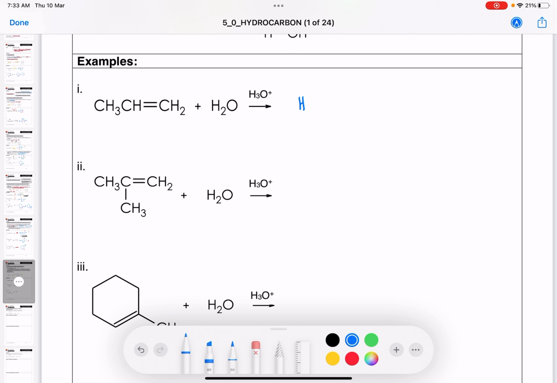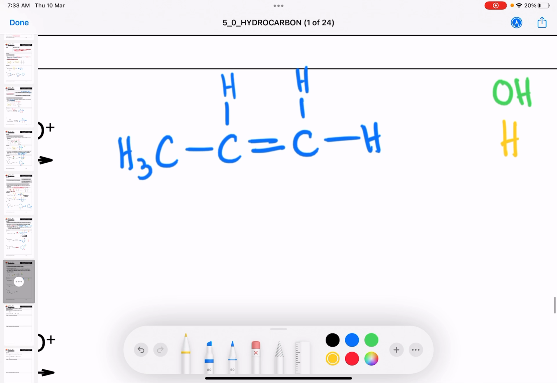So let's directly go here. Okay, as we say H2O, we have OH and we also have H. This is carbon number 1 and this is carbon number 2. Which one will go to which one?